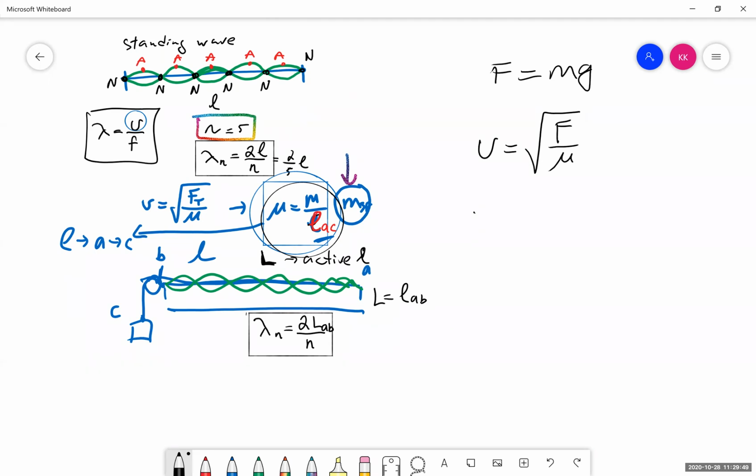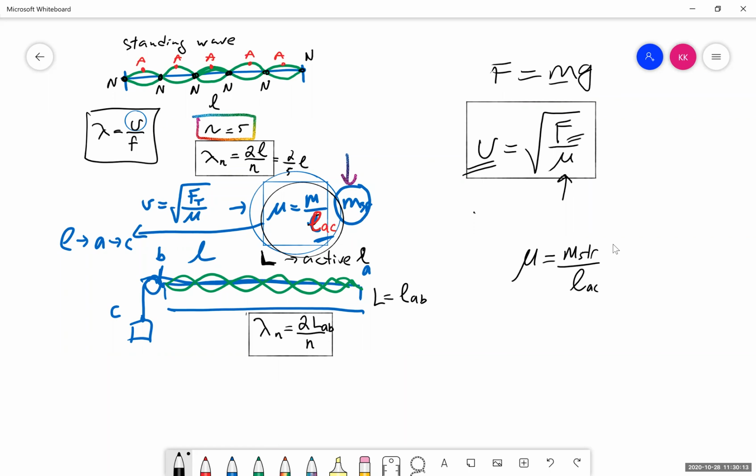So that means you have two things. This m here is the hanging mass. The m that we're trying to find, which is part of mu, is the mass of the string divided by the entire length AC of the string. You're going to use this equation. We're going to find velocity from the graph, from the slope.